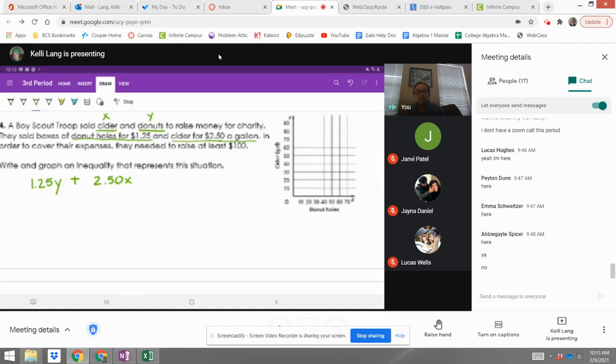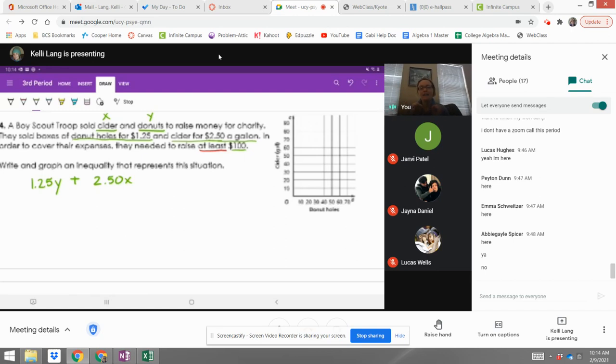Here's the tricky part. Here's the part that makes this an inequality. The last sentence says, in order to cover their expenses, they need to raise at least $100. That wording is very important. It doesn't say they need to raise exactly $100. That would be equals $100.